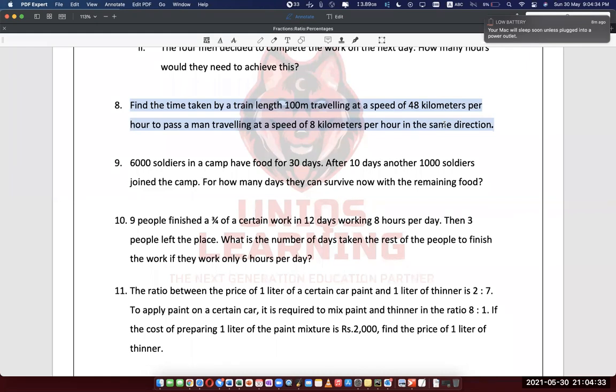Simplifying, t is 9 seconds. So the time taken by the train to pass the man is 9 seconds.